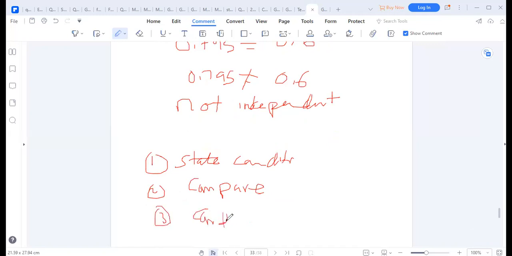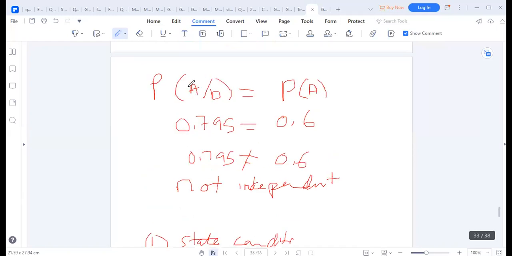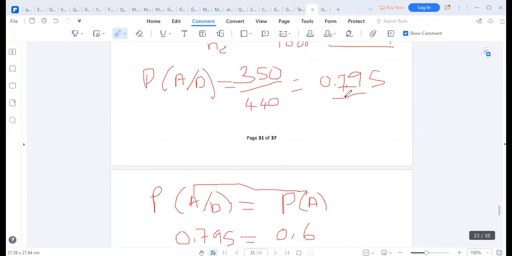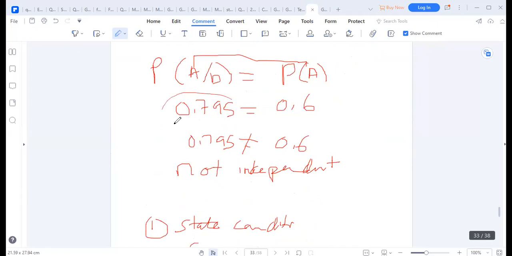So for independence, step 1, we set the condition. How do we know events are independent? A given D must go to A. A given R must go to A. A given whatever letter E must go to A. You maintain the top guy. Step 2, compare the figures. A given D, what was the answer? 0.795. You put it here.